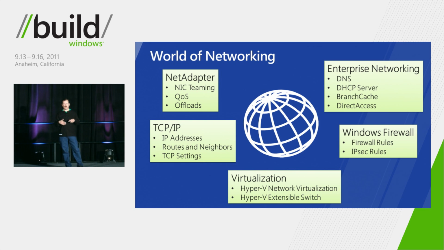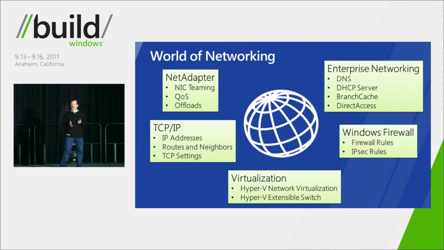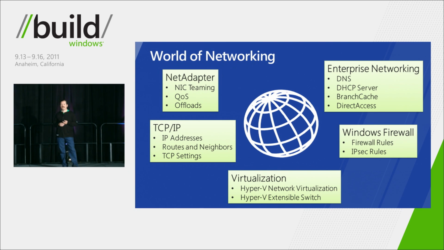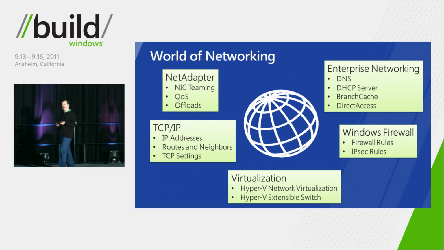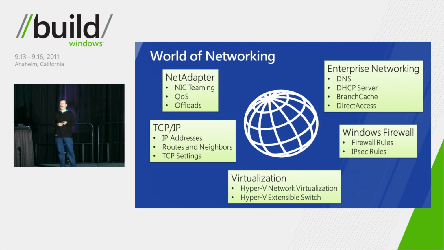And as Chris mentioned, with TCP/IP, as we start climbing up the stack, if you want IP addresses, routes, neighbors, things like that. Virtualization: we announced Hyper-V network virtualization, all PowerShell. The extensible switch, our switch now in Hyper-V, that third parties can build on top of and extend, is also managed by PowerShell.